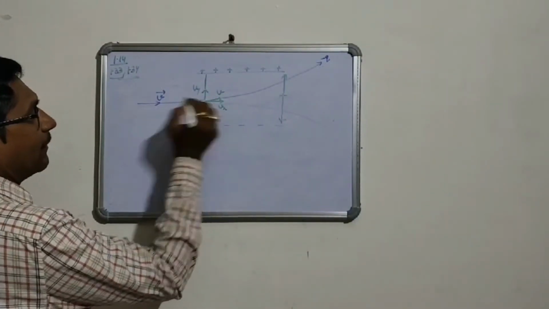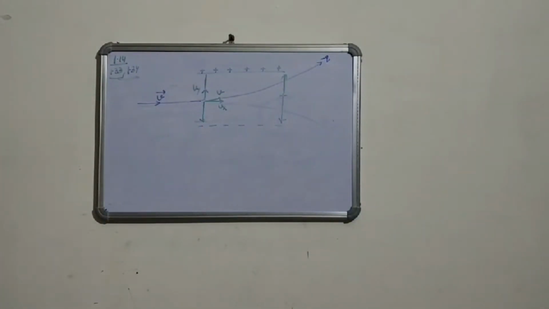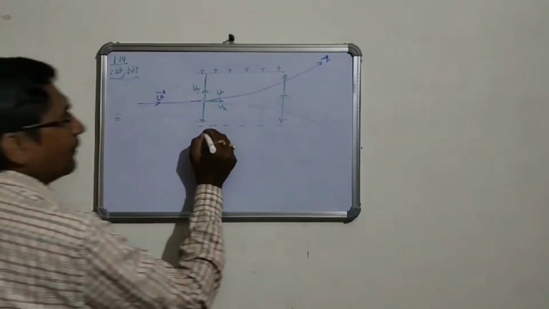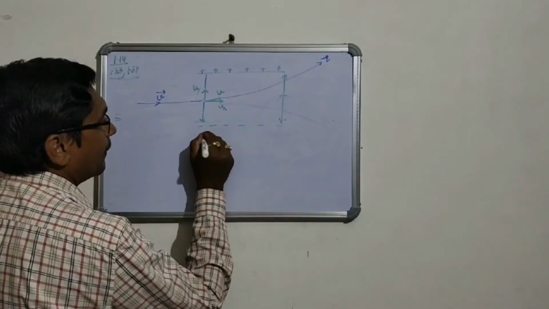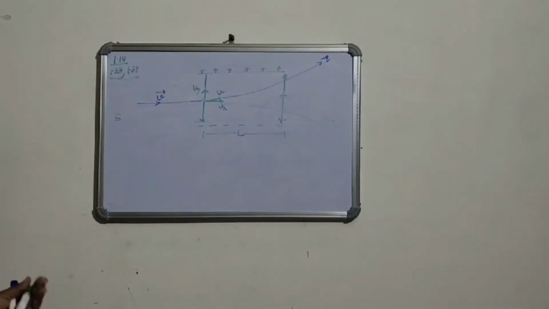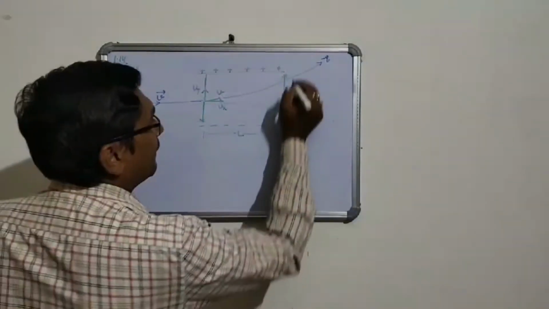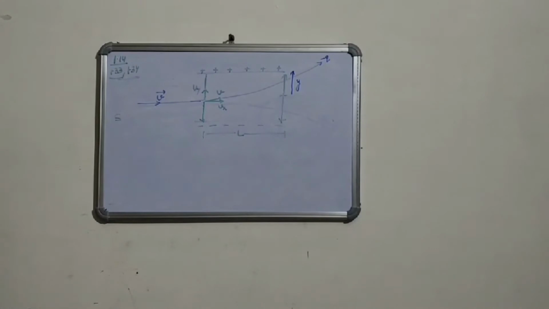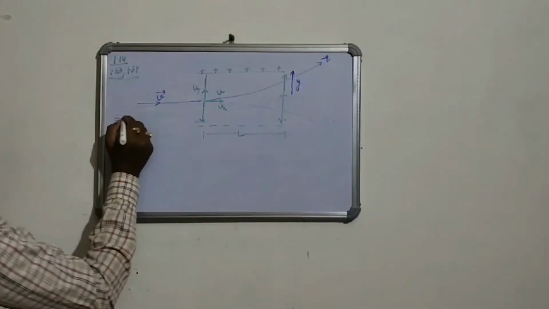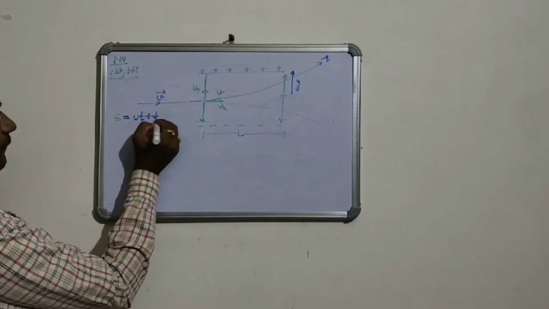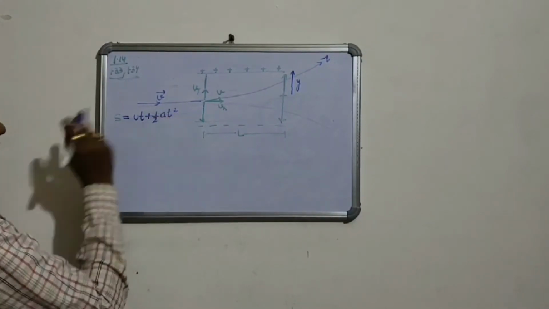According to Newton's second equation, let the length of the plate be L and the displacement along the y-axis be y. S equals ut plus half at square.